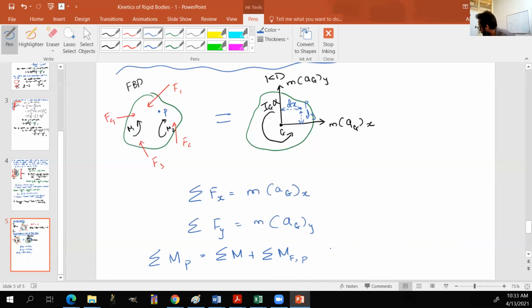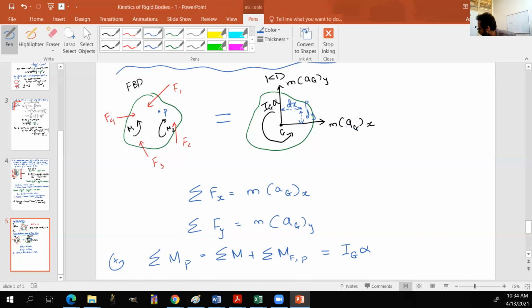right? That is going to equal Ig alpha, and we're defining it to be positive because we're taking that direction to be positive, right? So you have Ig alpha plus, in your kinetic diagram, you also have to consider the moments due to the resultant motion that happens.